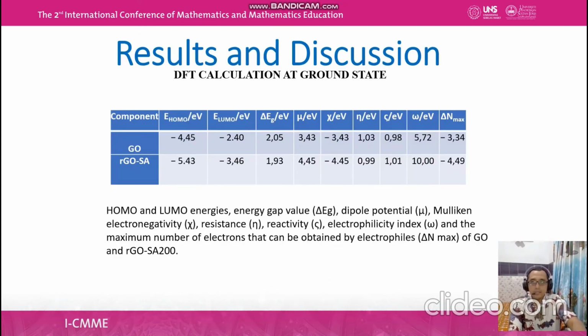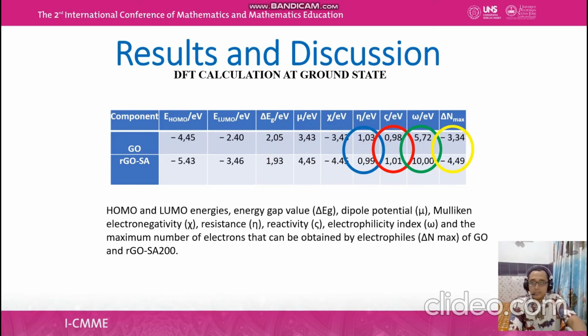As shown in the table, energy HOMO has decreased from 4.45 in GO to 5.43 electron volt in the nano GO and RGO. And energy LUMO has increased from 2.40 to 3.46 electron volt.